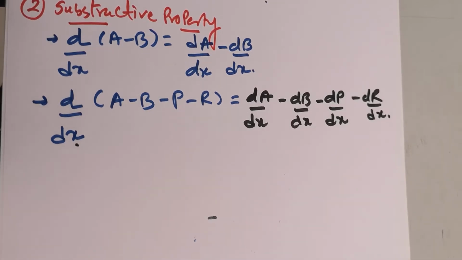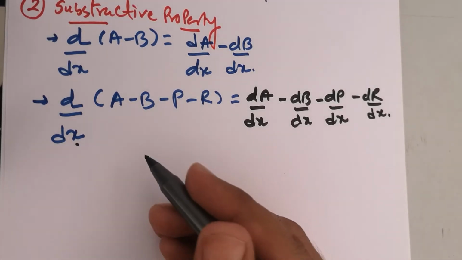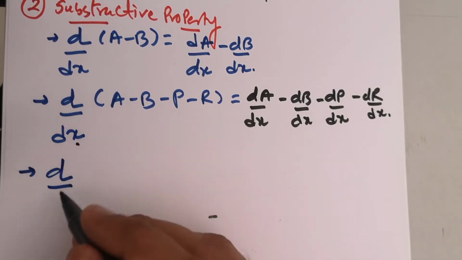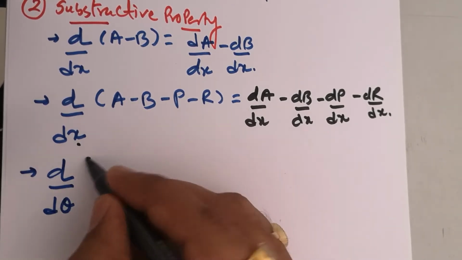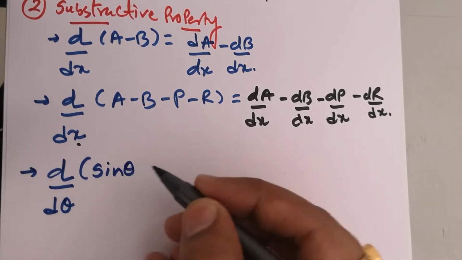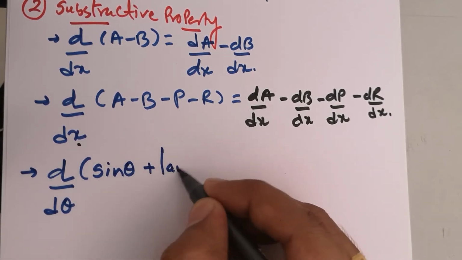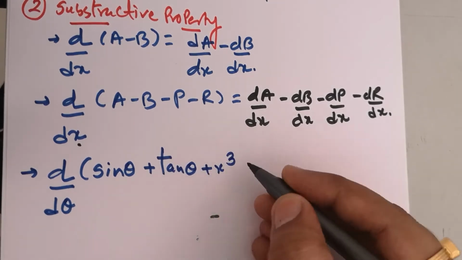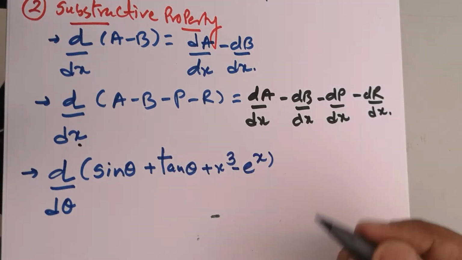Right now I am giving you one example that will follow all those additive and subtractive properties directly. Let's say I have mentioned d by d theta of sin theta plus tan theta plus x cube minus e raised to x.